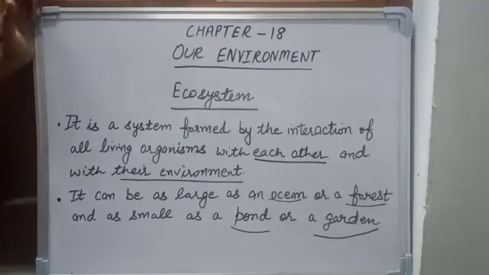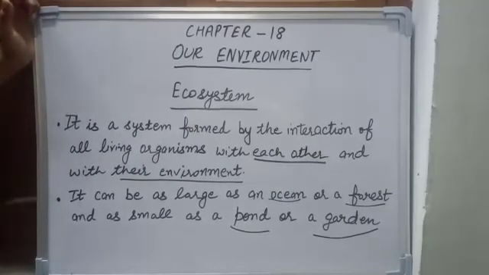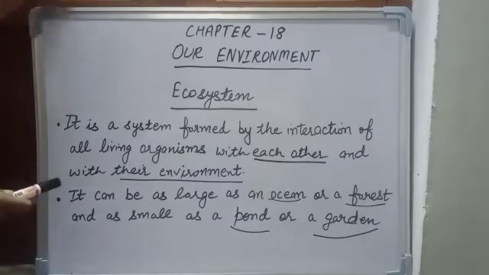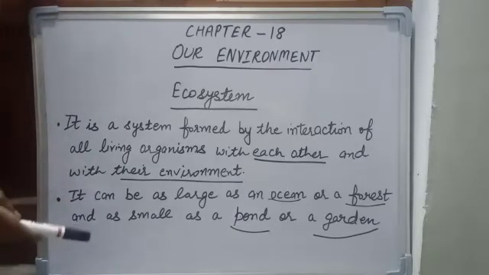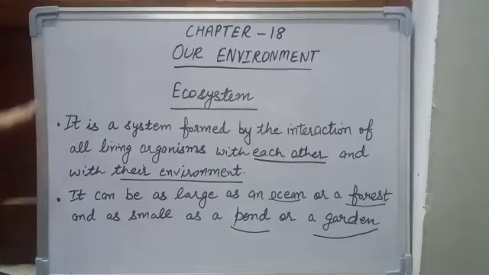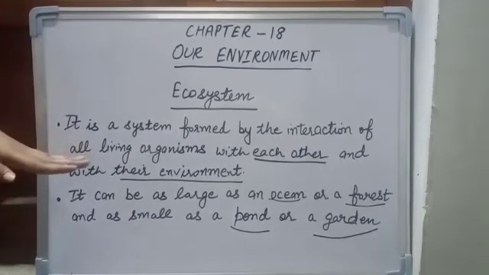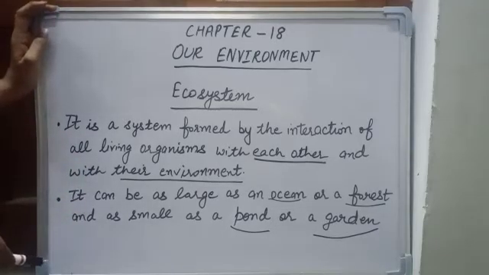Another example is that there are certain fungi in the roots of some plants. The fungi produce certain chemicals which help the plants to absorb nitrogen from the soil. So all the things, living and non-living, are interdependent. They interact with each other and with their environment, and that is called their ecosystem.